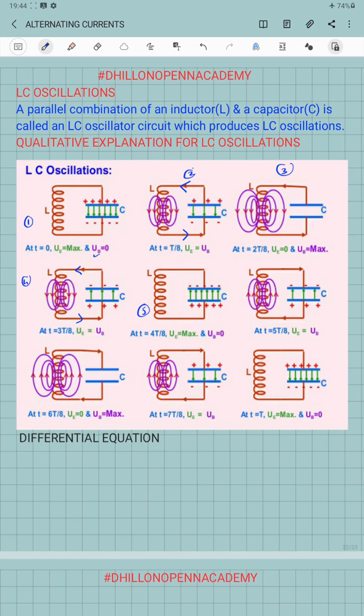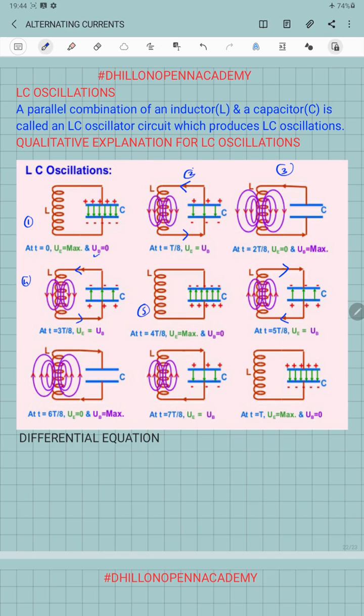At this stage, when the capacitor is fully charged, it will be at maximum potential. The inductor potential will be equal to 0. Again, a potential difference will be set up, due to which the capacitor again starts sending charge towards the inductor. But now this charge is being sent in the clockwise direction. As it flows through the inductor, it sets up an increasing current.